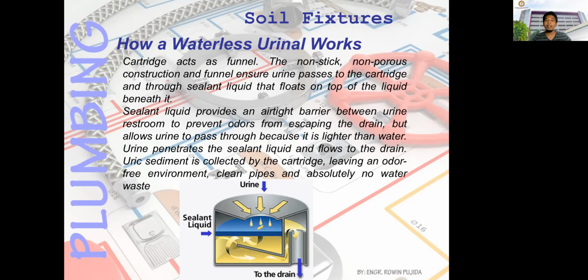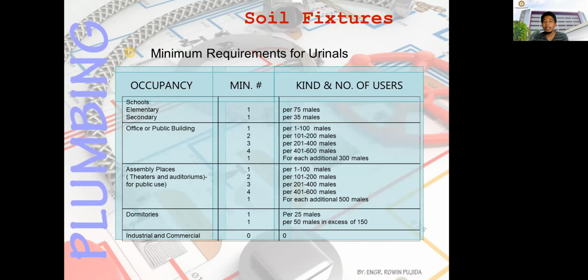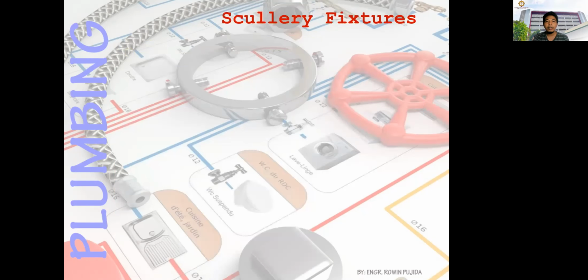Okay, in some malls, they use waterless urinals, and sometimes they use automatic flush urinals. Okay. Also, they have the minimum requirements based on the National Plumbing Code. So you go through these minimum requirements.